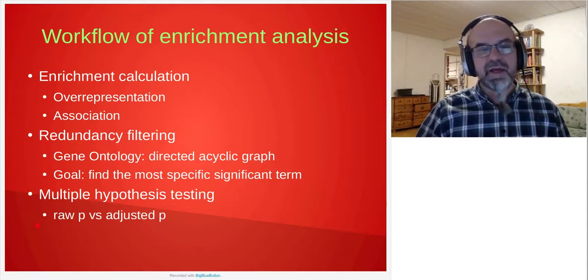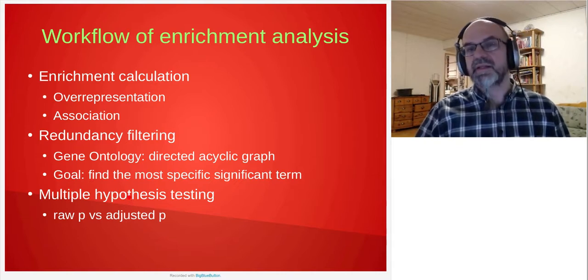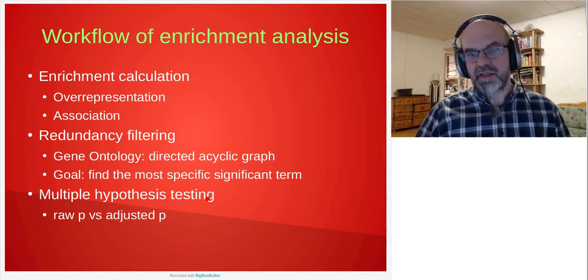And when we are doing this, we perform lots of hypothesis testing calculations. As we have discussed in the statistics course, that always raises the risk of false positive and false negative results.